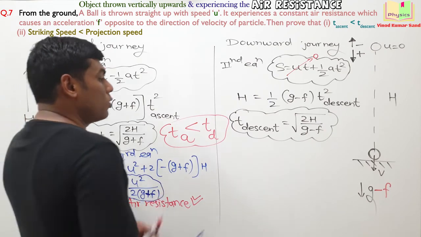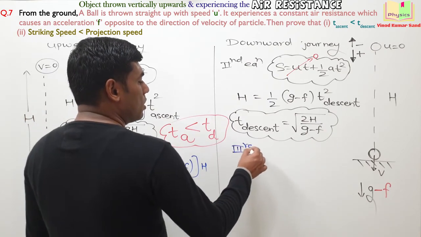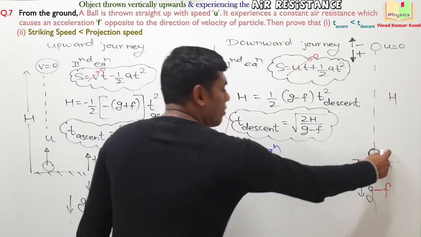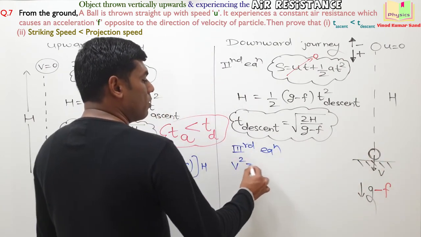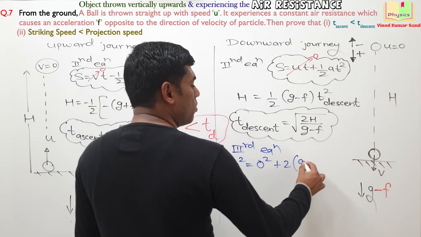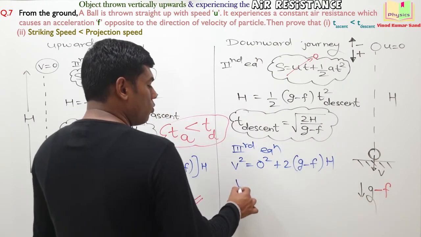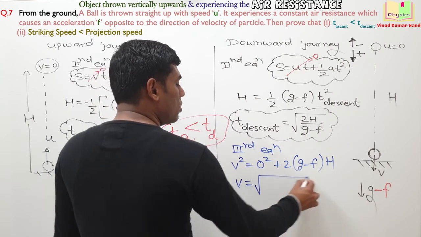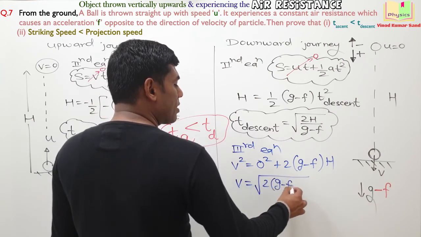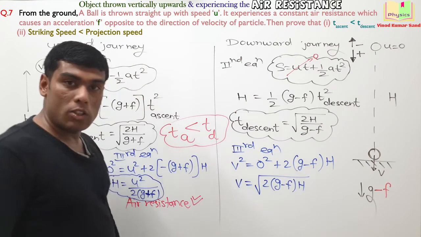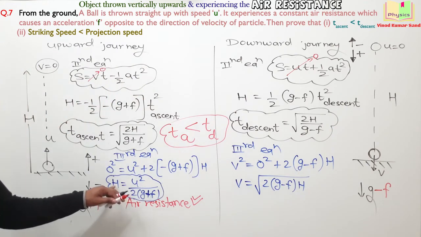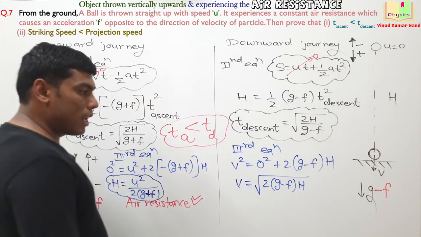Using the third equation of motion, v square is equal to 0 square plus 2(g minus f) into h. So v is equal to root of 2(g minus f) multiplied with h. The value of h I am substituting from this calculation.